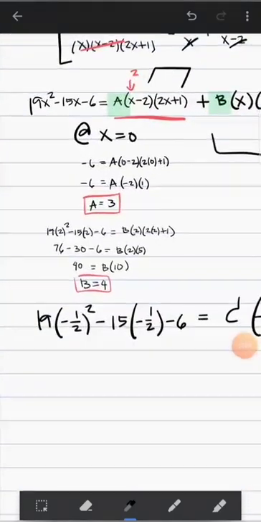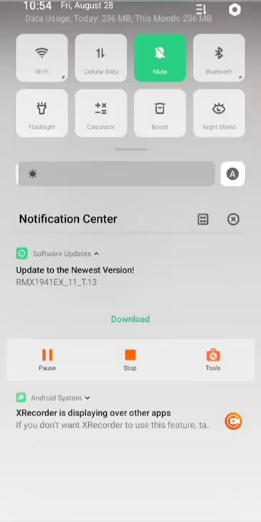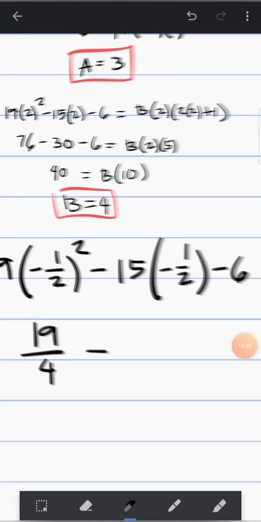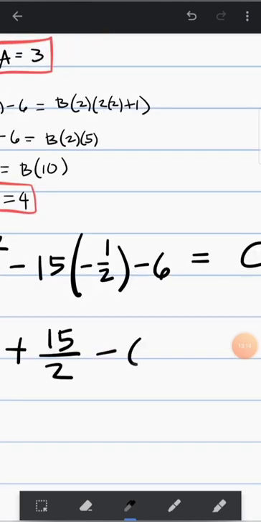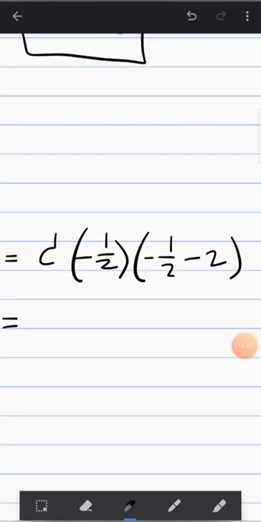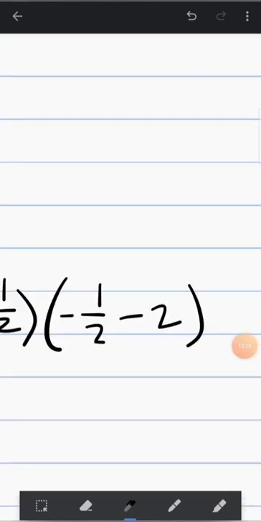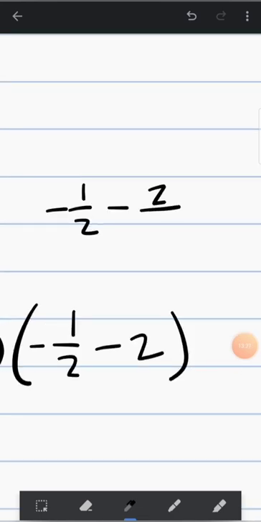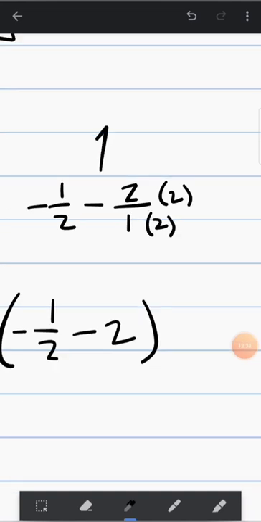So what's that? Negative 1/2 squared is 1/4. So 1/4, 19 over 4. Wait, let me write it as 19 over 4 plus 15 over 2 minus 6, all equal to c times this one. Negative 1 half minus 2 is the same as multiplying it by 2, so this will give us negative 1 half.